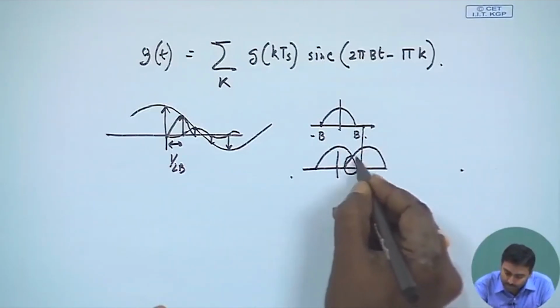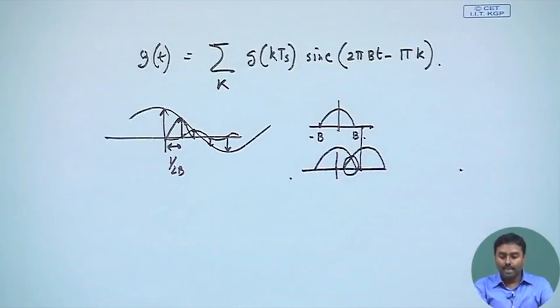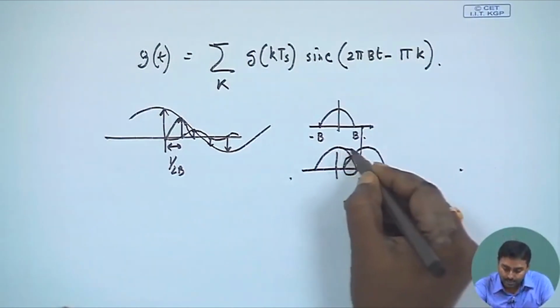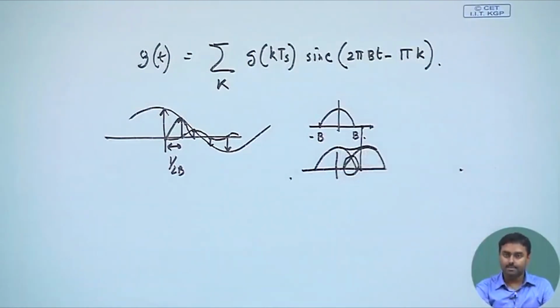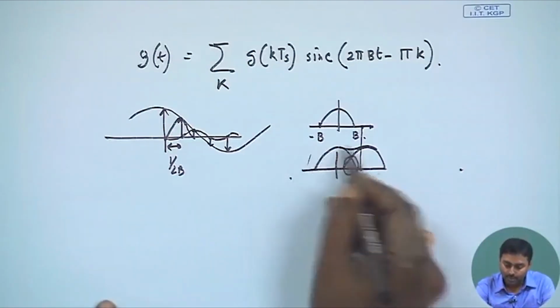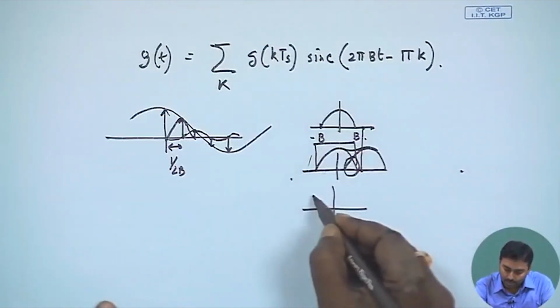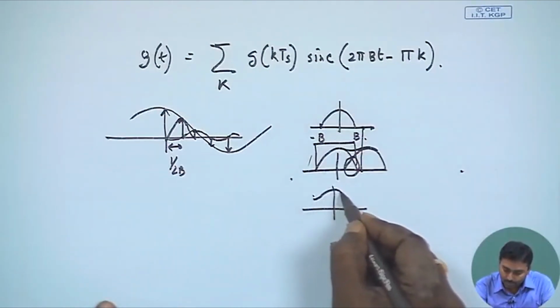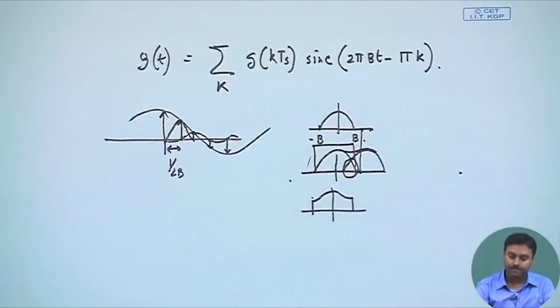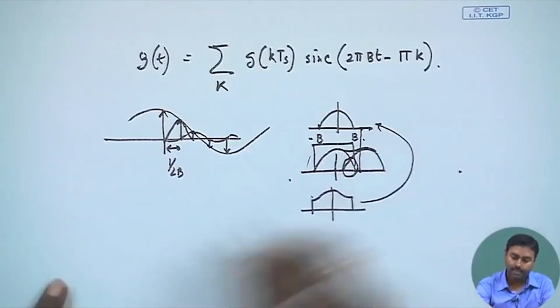At this location there is a huge amount of aliasing, because the overlapping copies will be added. Even if you then put a low pass filter, the signal will not be the original one, it will look more like this. This is the aliasing effect.